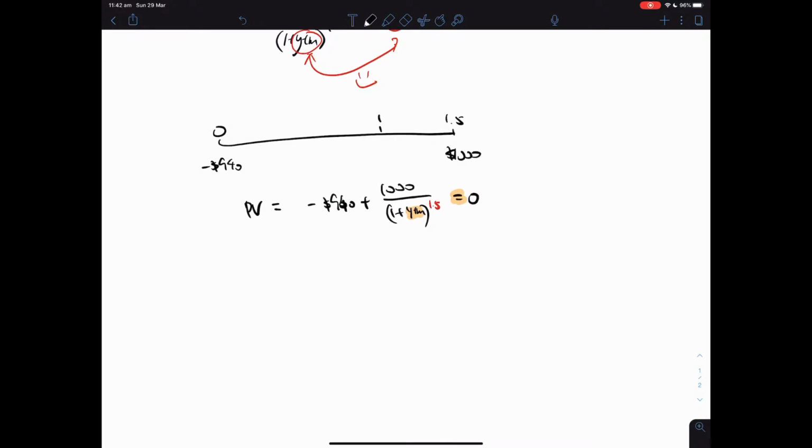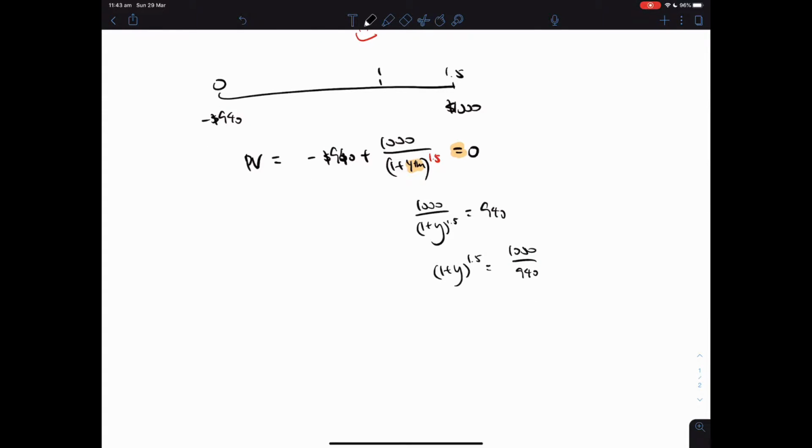Rearrange it, you get 1,000 divided by (1 plus y) to the power of 1.5 equals 940. Rearrange it, (1 plus y) to the power of 1.5 equals 1,000 over 940. Keep rearranging: y equals (1,000 over 940) to the power of 1 over 1.5, minus 1.